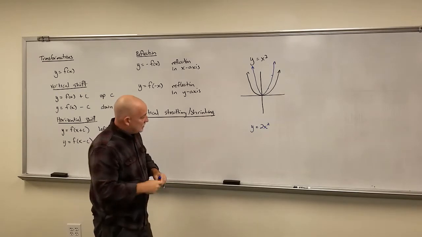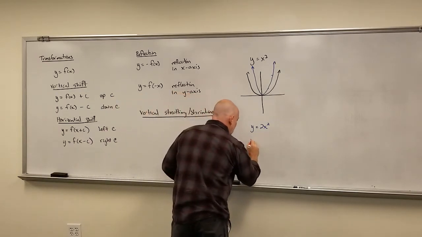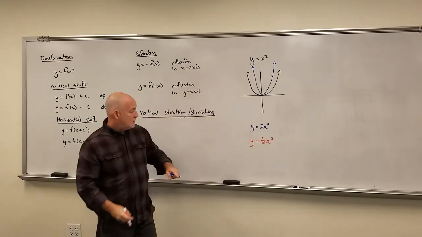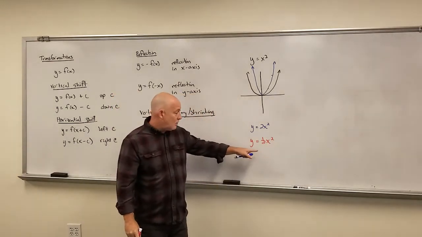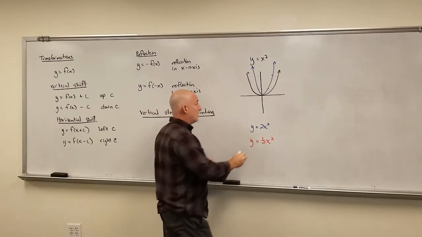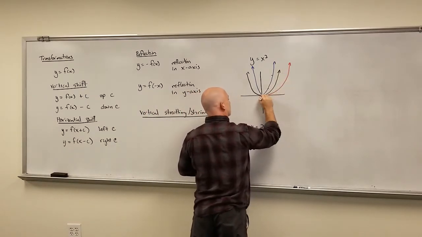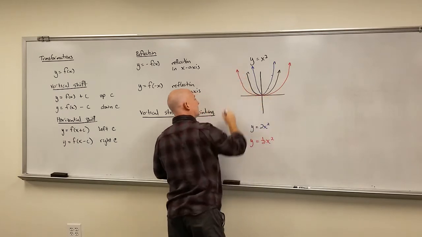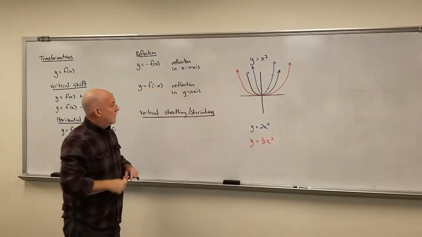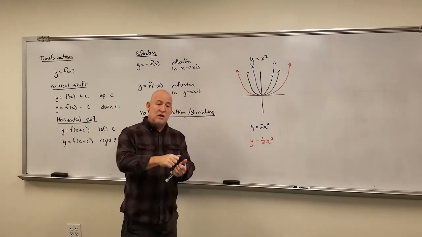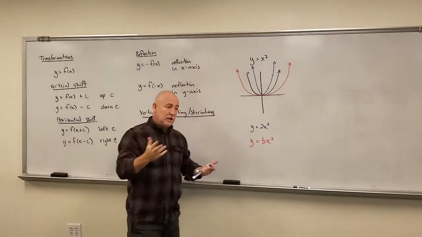Same idea, just the other way around. If we had 1/2 x squared, that means all the y values are now half as big as they were before. So the graph is actually kind of like this. Okay, so a number out in front of an original function changes its vertical scaling, so to speak.